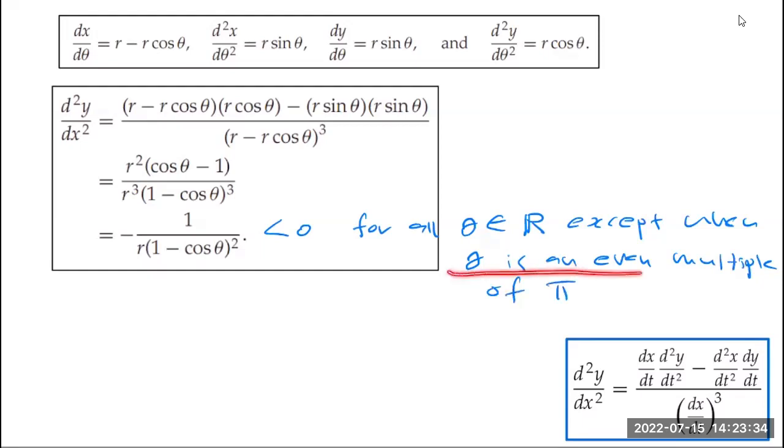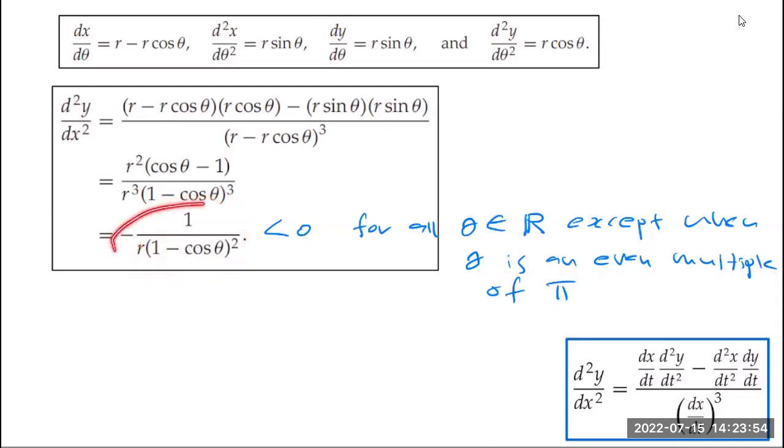What happens when theta is an even multiple of pi? Look at the denominator. When theta is an even multiple of pi, cosine theta is always 1. 1 minus 1 is 0. So this expression blows up when theta is an even multiple of pi. But when theta is not an even multiple of pi, this expression is always negative.